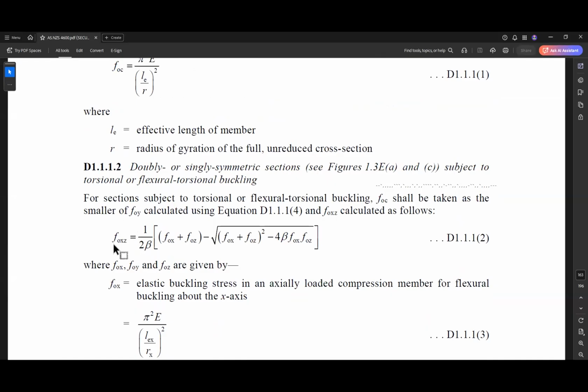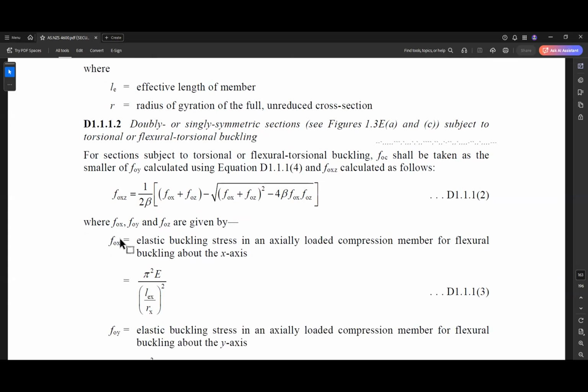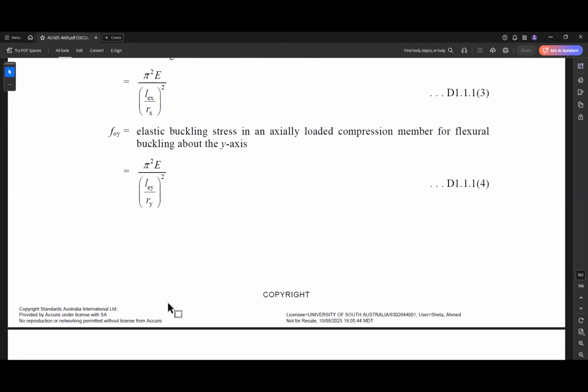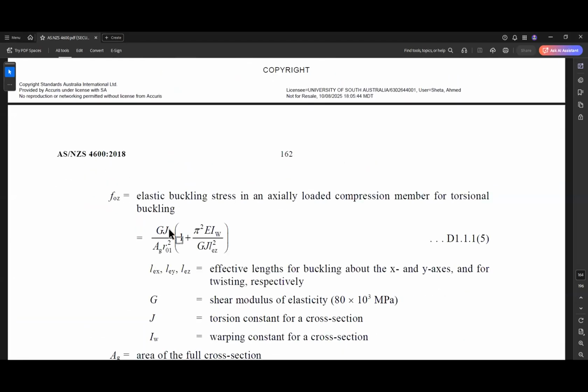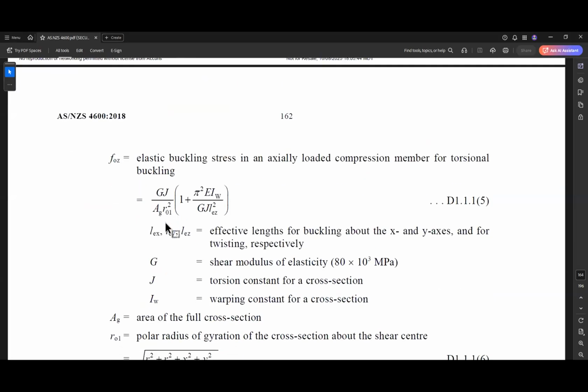The stress FOXZ will be 1 over 2 beta, FOX plus FOZ minus the root of the square of FOX plus FOZ minus 4 beta FOX FOZ, where FOX is the flexure one, FOZ is the torsional one. So it is a combination between the two.